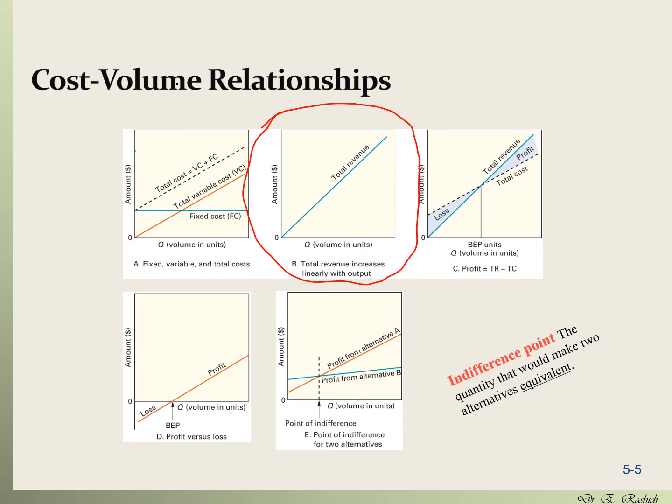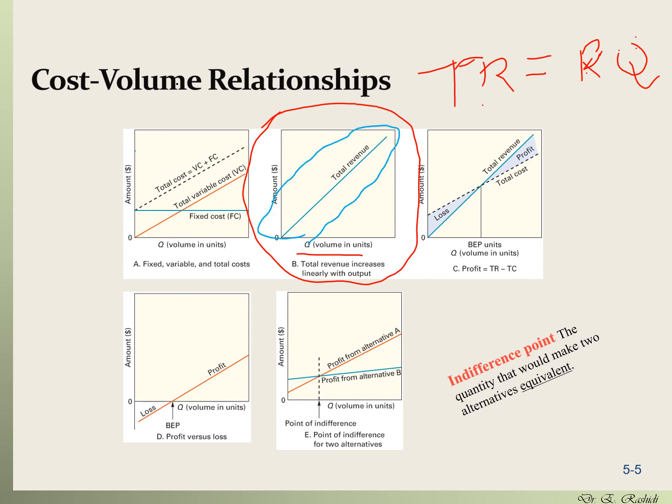Total revenue, TR, as you remember, is a function of revenue per unit multiplied by quantity, R multiplied by Q. So it's a function of Q, quantity. As you see here, if you sell more quantity of product, your total revenue is going to increase. That's why you see this relationship as it is here.